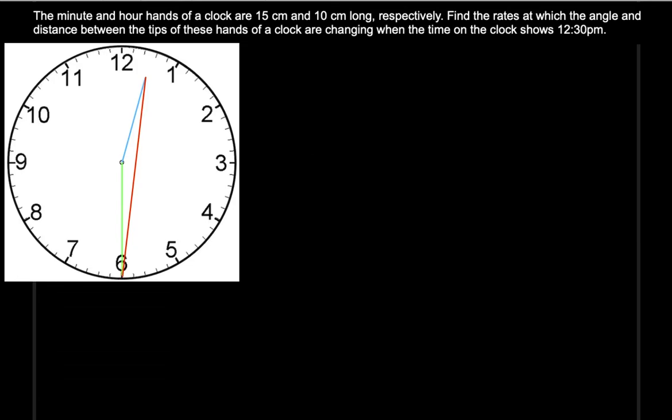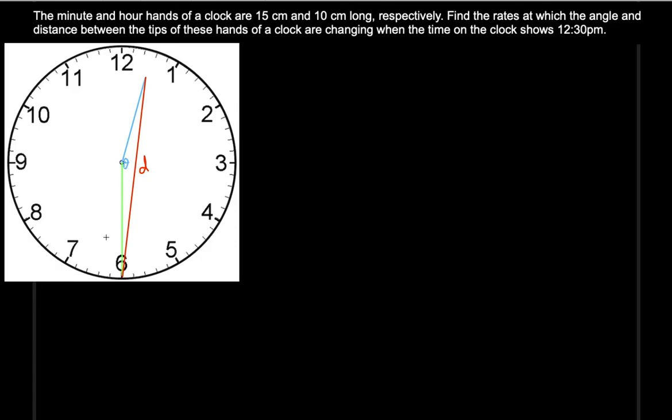Okay, so now, as you can see, we can label this as the d that we need to find. And the angle in question is going to be here, the angle between the hour hand of the clock and the minute hand of the clock, right? So we can label it as theta.